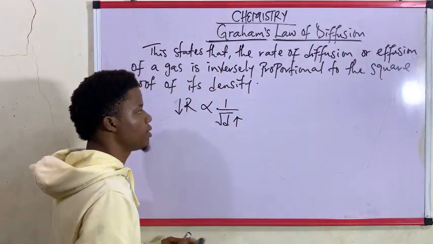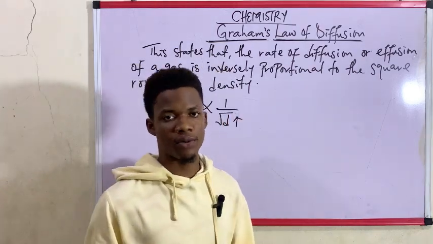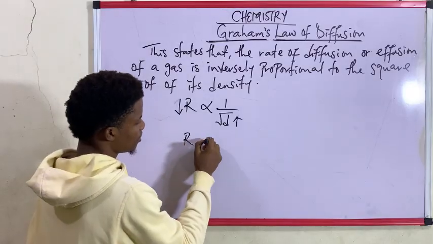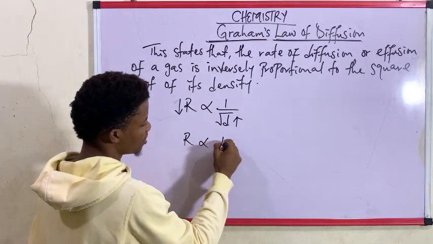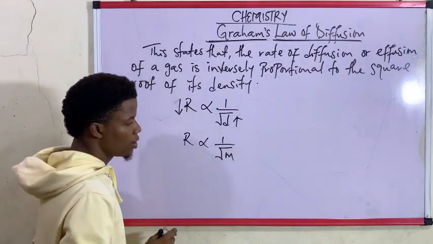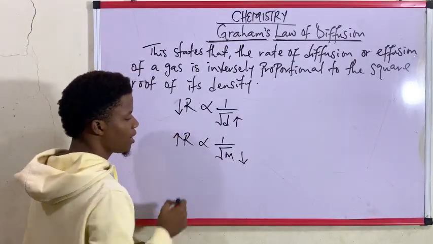In place of density, we can also use molecular mass. So if the rate of a gas is inversely proportional to density, it's also inversely proportional to the molecular mass. Therefore, the lower the molecular mass of a gas, the higher the rate.